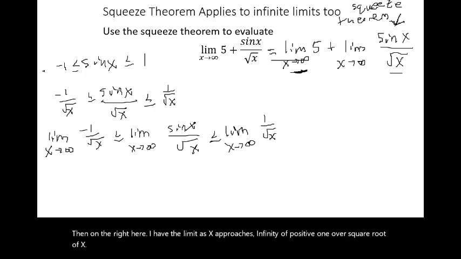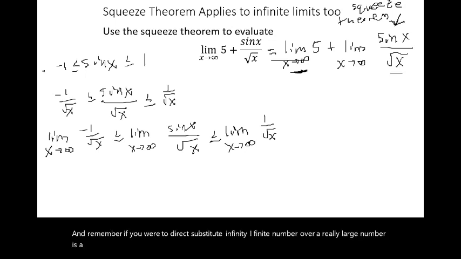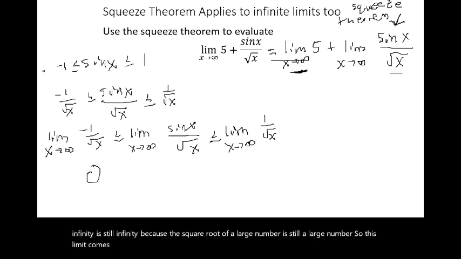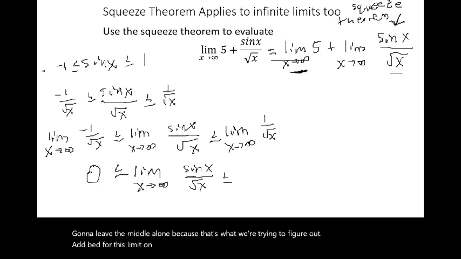And remember, if you were to direct substitute infinity, a finite number over a really large number is a really small number close to 0. So -1 over the square root of infinity: the square root of a large number is still a large number, so this limit comes out to 0. I'm going to leave the middle alone because that's what we're trying to figure out. And for the limit on the right, +1 over the square root of infinity is still 0.